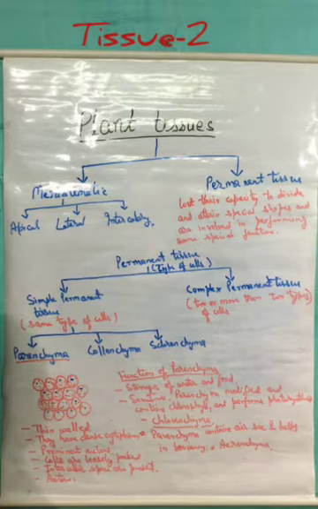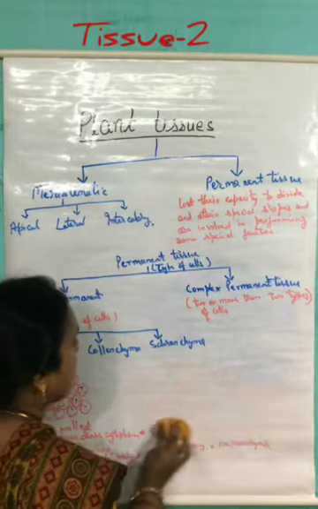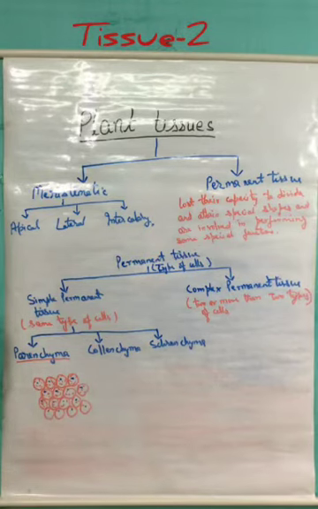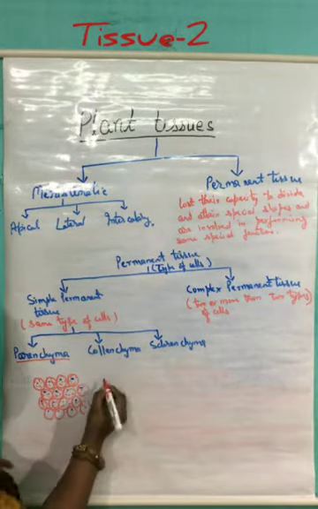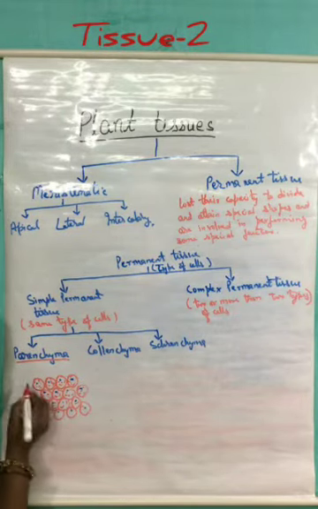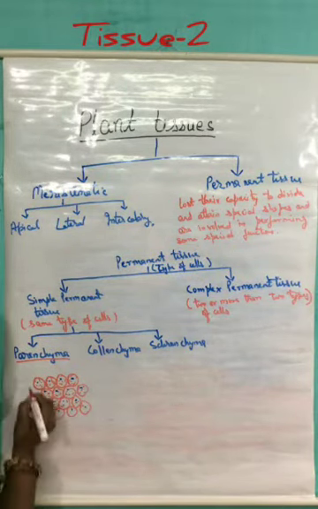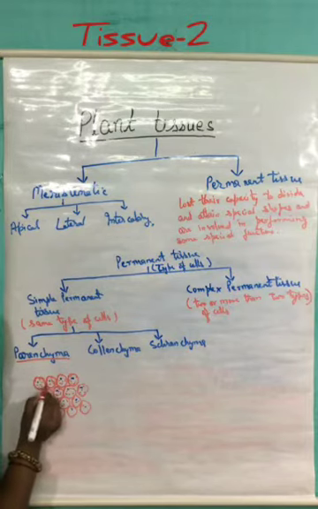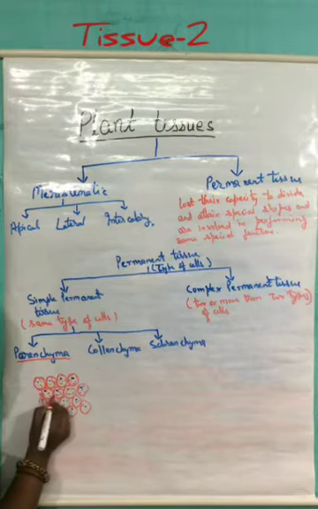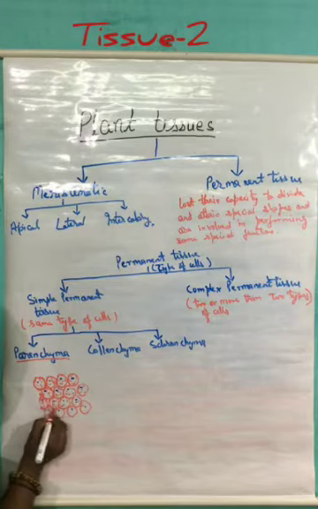Now, we will discuss the second type of tissue, that is known as collenchyma. The second type of tissue, that is collenchyma, is also made up of parenchyma. But what happens here is that when these parenchymatous cells become older, then at the corners, the thick deposition of a chemical known as pectin takes place.